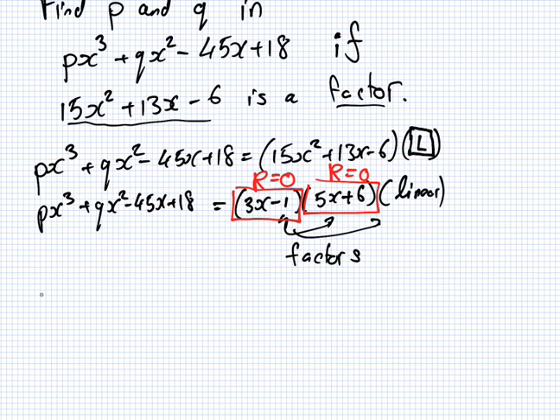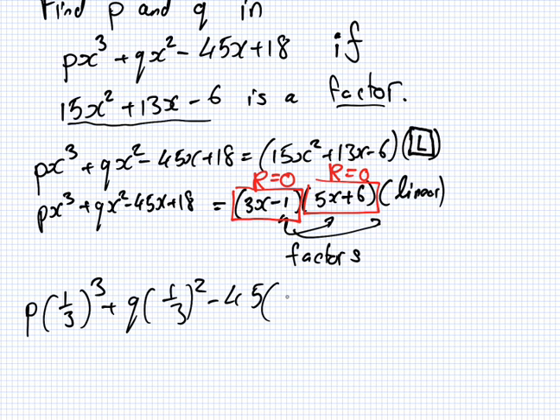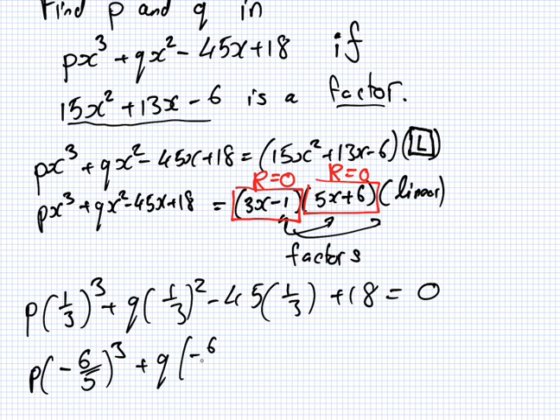So you can use p times 1 over 3 cubed plus q times 1 over 3 squared minus 45 times 1 over 3 plus 18 should equal 0. And also p times minus 6 over 5 cubed plus q times minus 6 over 5 squared minus 45 times minus 6 over 5 plus 18, what should that equal? 0.